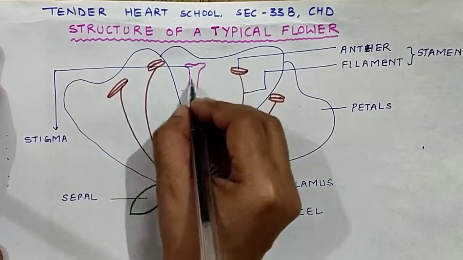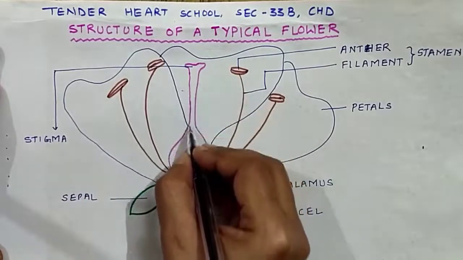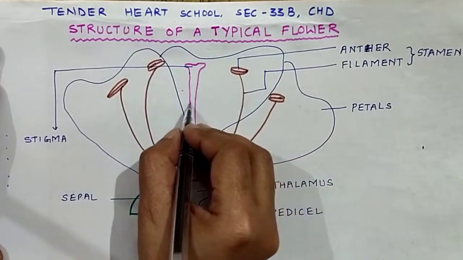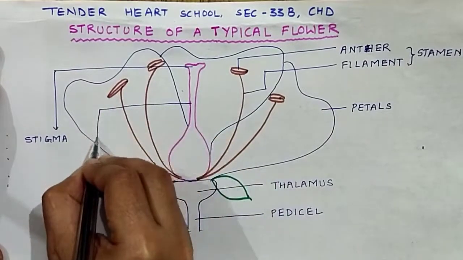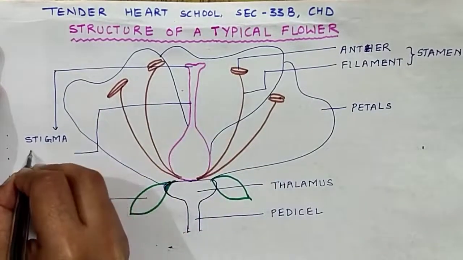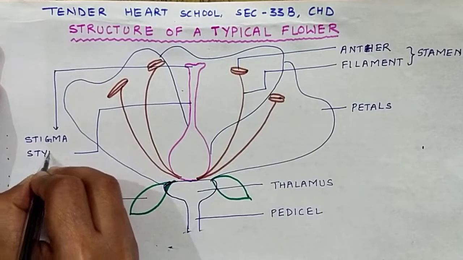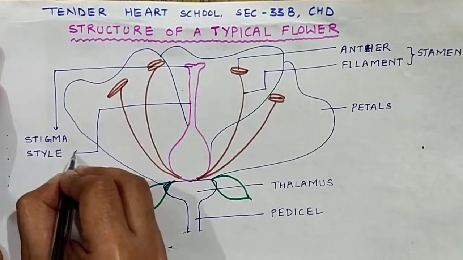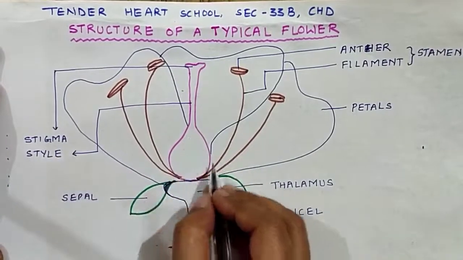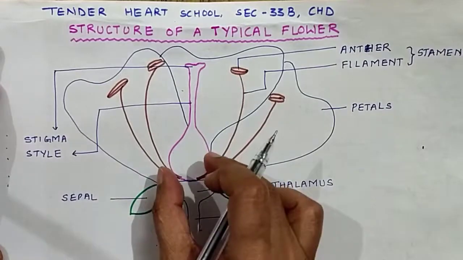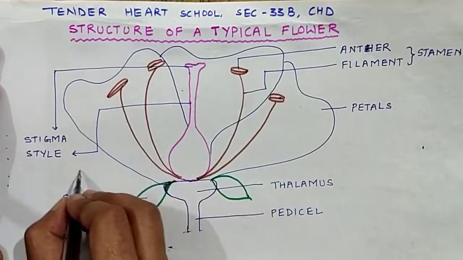This tubular stalk-like part of the carpel is called the style. And the lower basal swollen region is called the ovary.